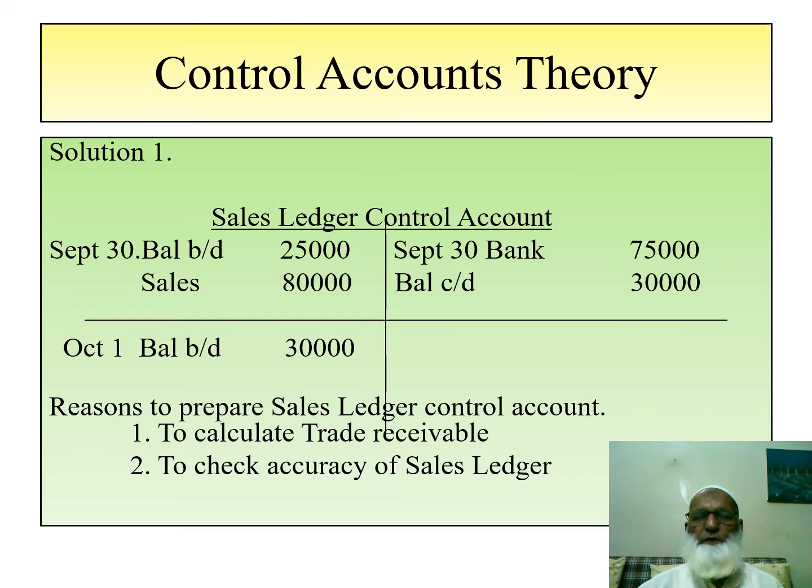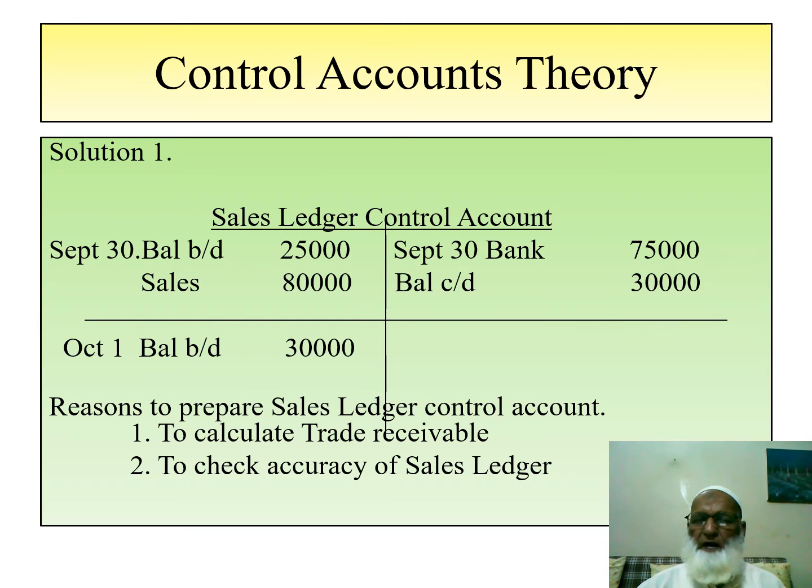Our opening balance on September 30th, 2010 was $25,000, and during the year we received $75,000 from the customers, and sales were $80,000, and the ending accounts receivable was $30,000. This is all the information that was given, and we have to learn how to prepare a sales ledger control account.